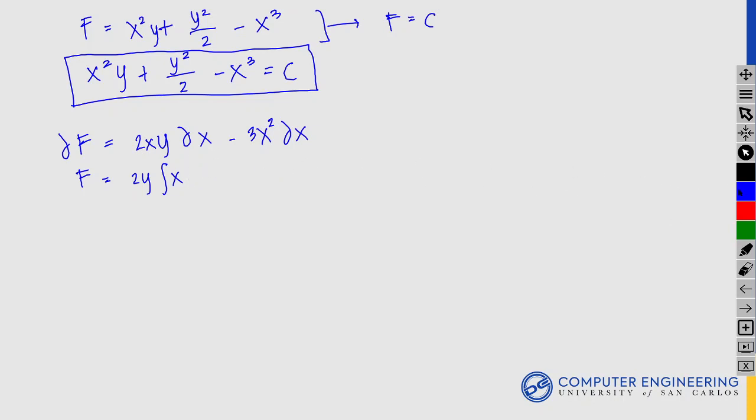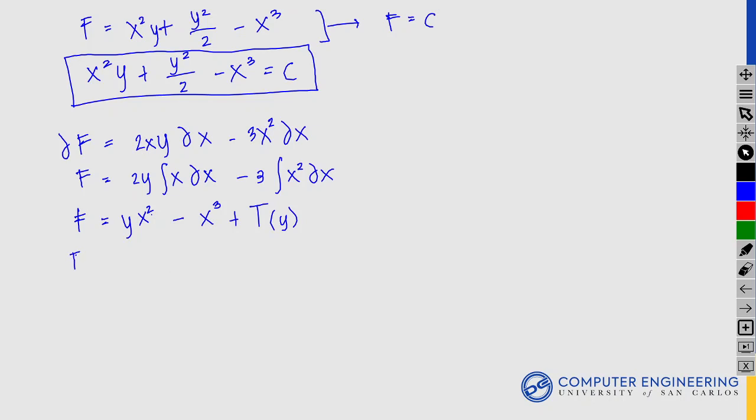Implying that this is a partial derivative of f, minus 3 integral of x squared. f is equal to y x squared minus x cubed plus t of y.